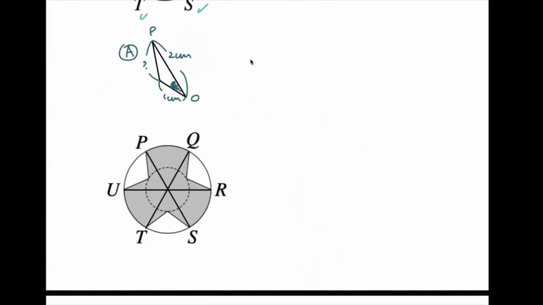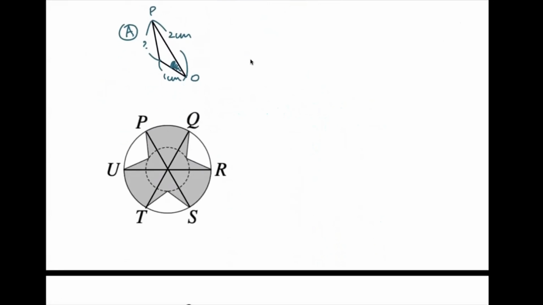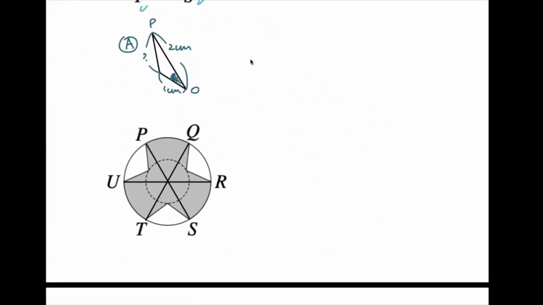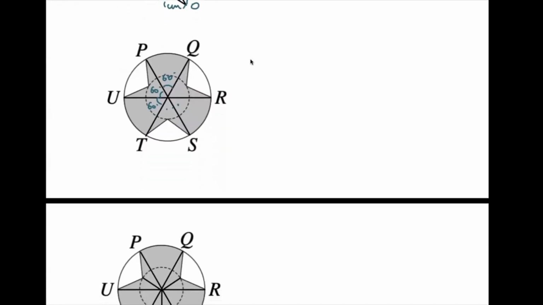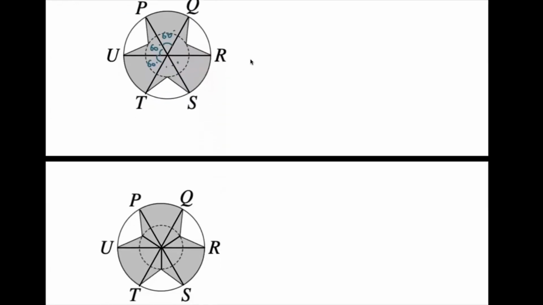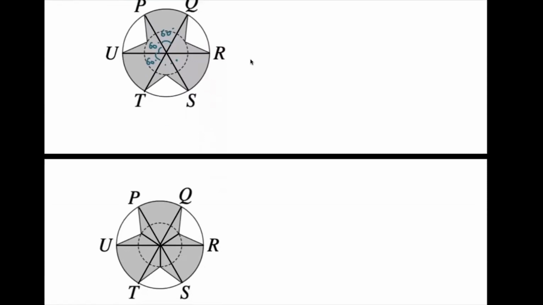So I've drawn another one here. As I've explained, this would be 60 each because they have the same angles around the circle. And here I've split it into halves. We know that these two triangles are equal and symmetrical.